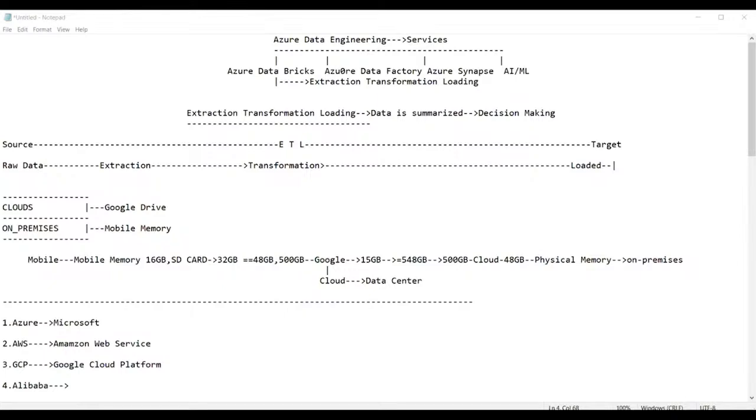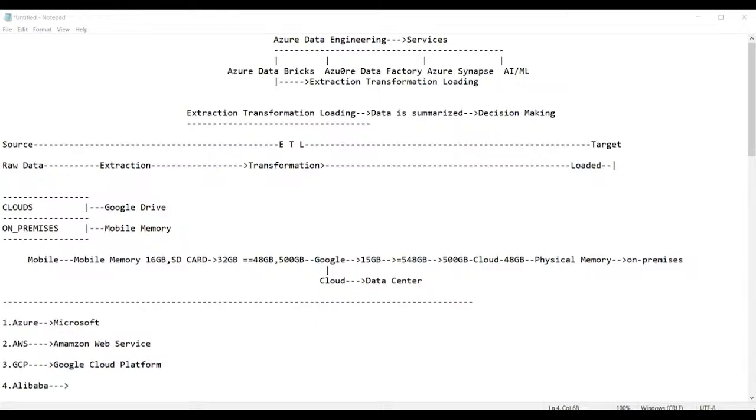Is there any combined batch for both Databricks and Data Factory? See, the Data Factory batch is in the morning at 7 a.m., started today itself along with you, and Databricks is at this time. Combined batches are not possible, as these are two different services, so I teach them differently.